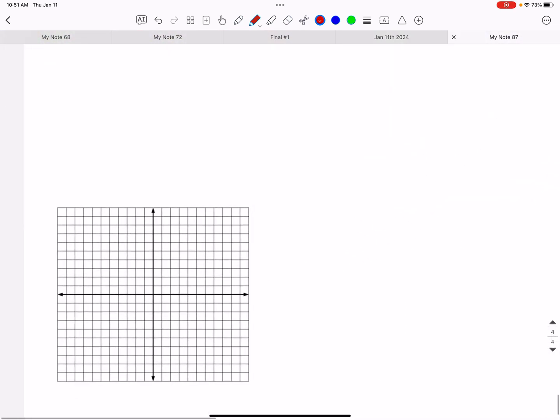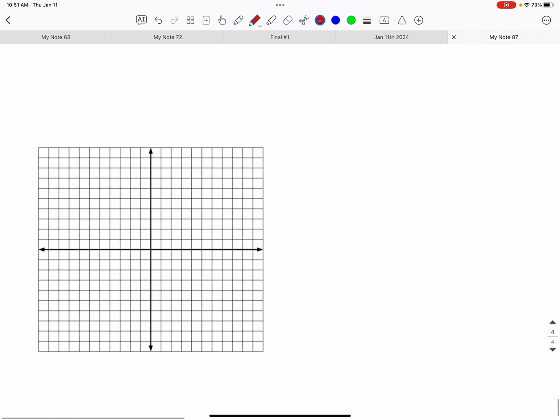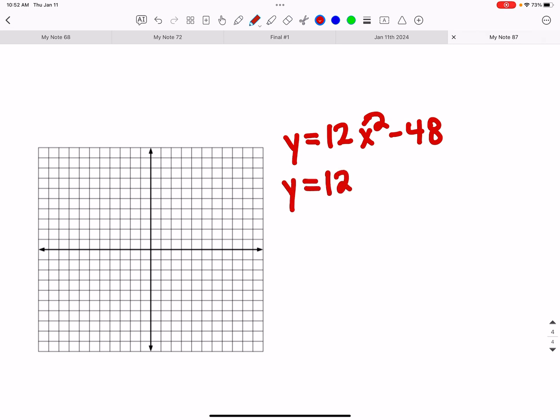All right, 21. Let's see. Y equals 12x squared minus 48. All right. Here's what we're going to do. We're going to take a 12 out of both of these things. We're going to say that this is y equals 12 times x squared minus 4.